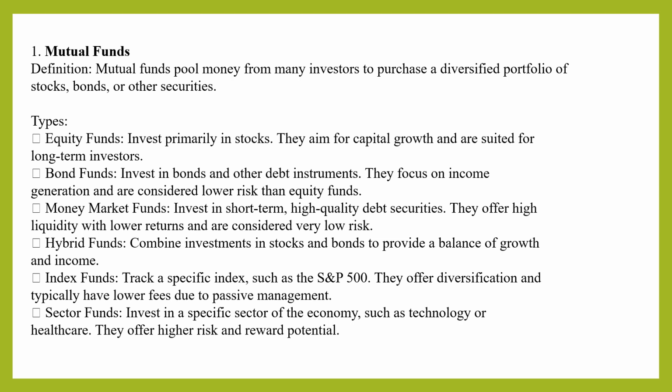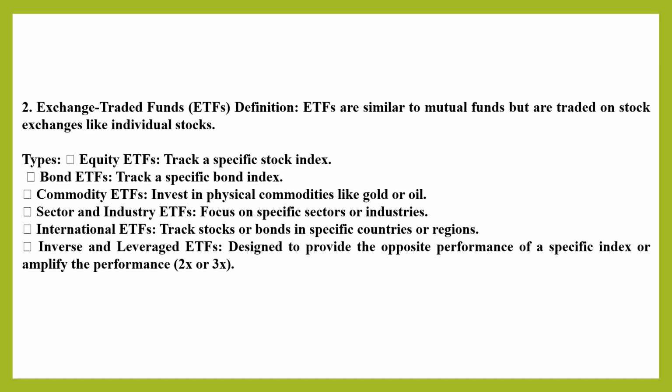Okay, moving to the next slide. That is ETF, exchange traded fund. ETF is more or less similar to a mutual fund, but it is traded on a stock exchange like an individual stock. Different types of ETF you can see: specific stock index, specific bond index, like a mutual fund but categorized as some specific type.